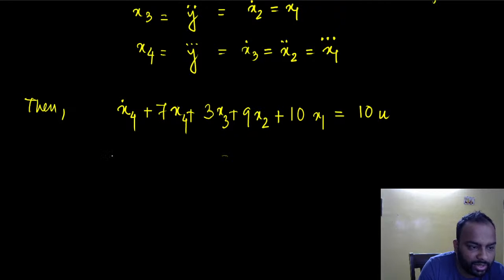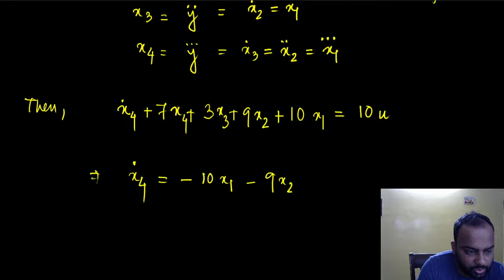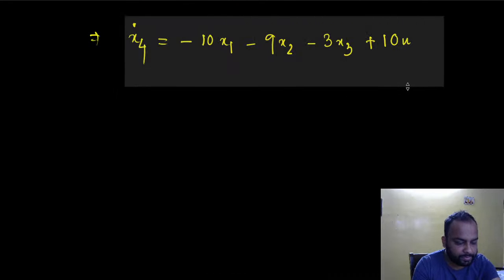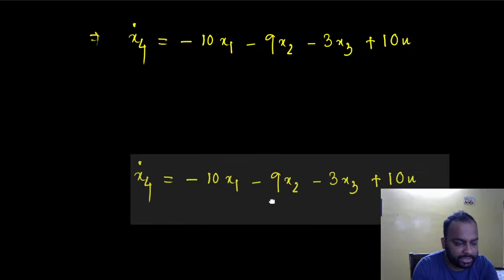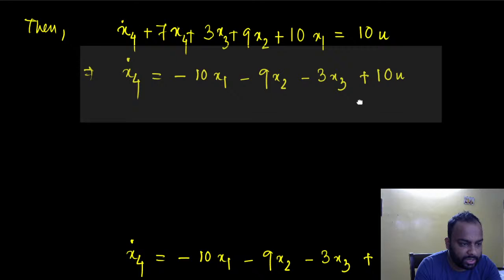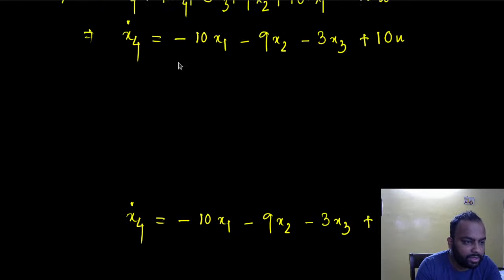So this way, if we convert this and figure out, x4 dot becomes minus 10x1 minus 9x2 minus 3x3 minus 7x4 plus 10u. Now we have to write this in conjunction with the other 4. So the other 4 are thus.